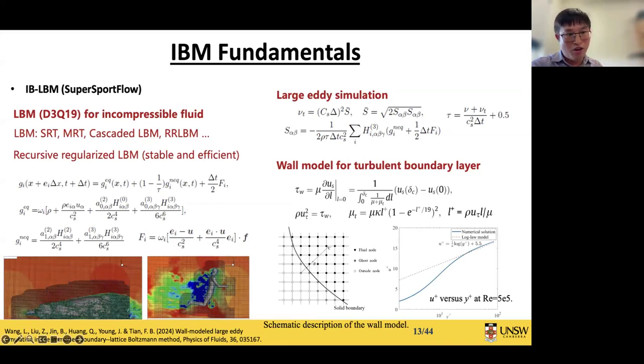We also introduce the multi-block adaptive mesh here, as shown this way. And we implemented large eddy simulations. A few different models here is just a simplified model here, and we implemented a model for turbulent boundary layers, as shown here. Okay, that's the IB-LBM method.